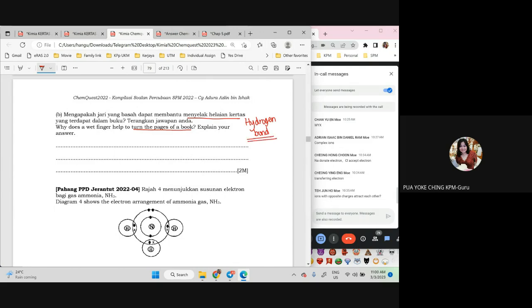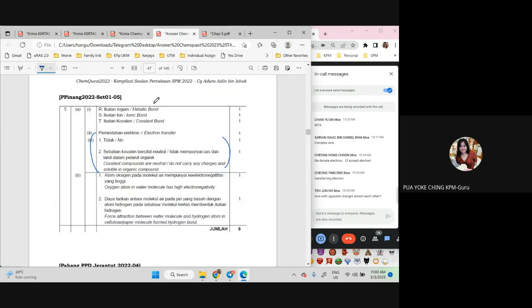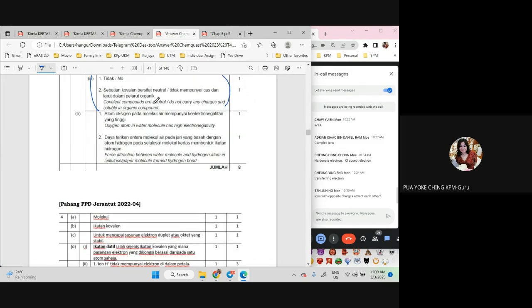Okay, so I nak pesan, untuk explain hydrogen bond, mesti beritahu saya you have high electronegativity atom.